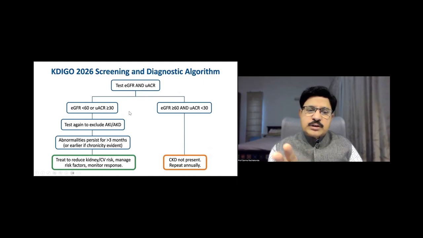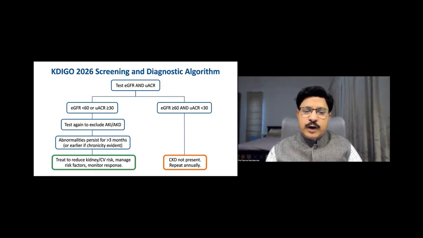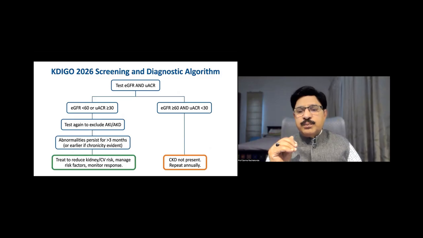At least 3 months apart, you must test again to confirm the CKD. Abnormalities persist for more than 3 months, or earlier if chronicity is evident under the backdrop of chronic diabetes. Treat to reduce kidney and CV risk, manage risk factors, monitor the response.